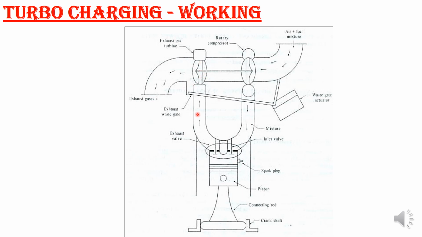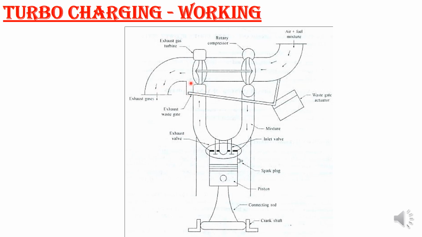So how do we reduce that? We have to provide a wastegate. This wastegate allows only a fraction of the exhaust gas into your turbine, so you can control the required pressure ratio through it. Only as much exhaust as you want goes to the turbine, and the remainder goes to your exhaust manifold.